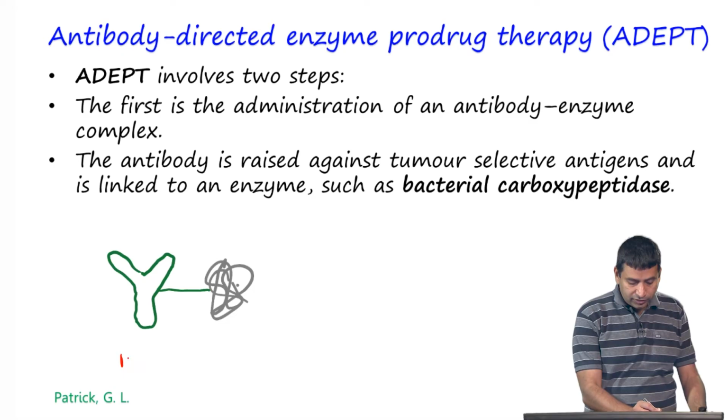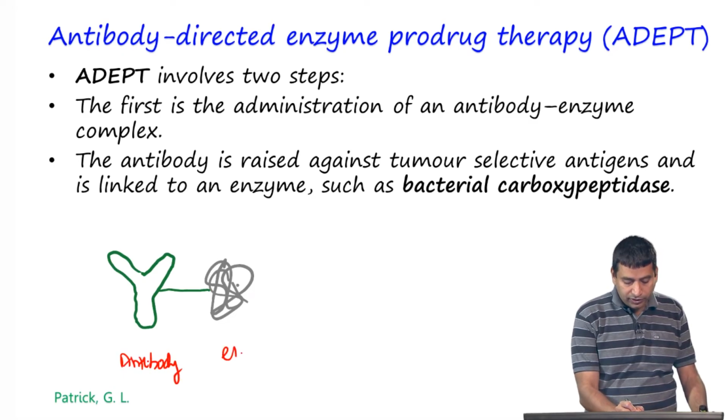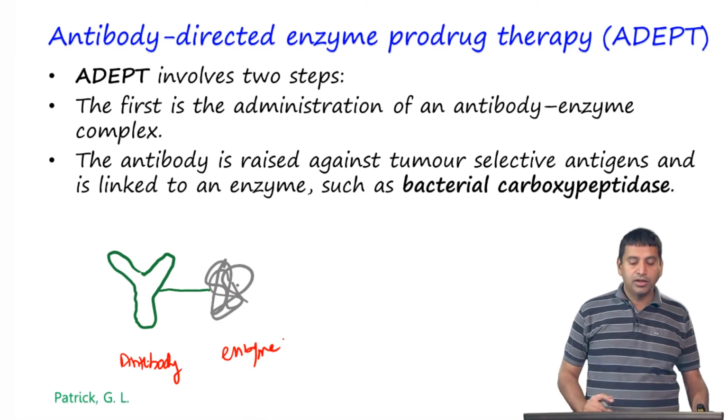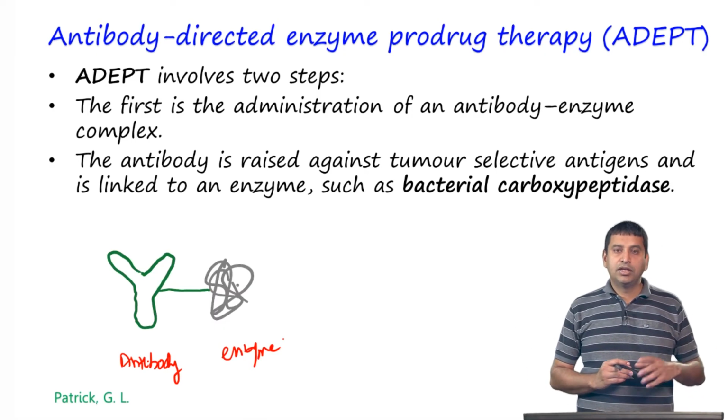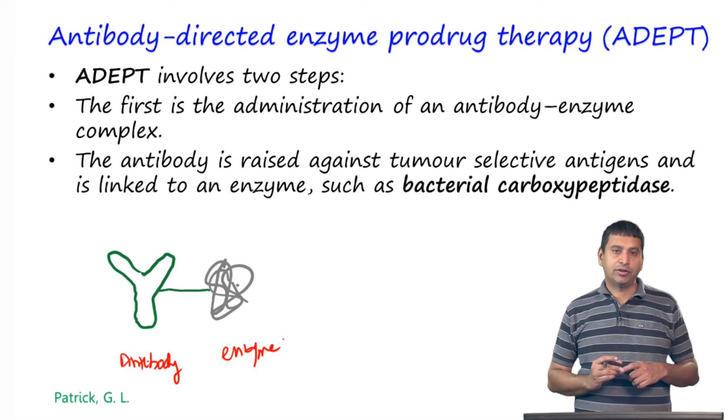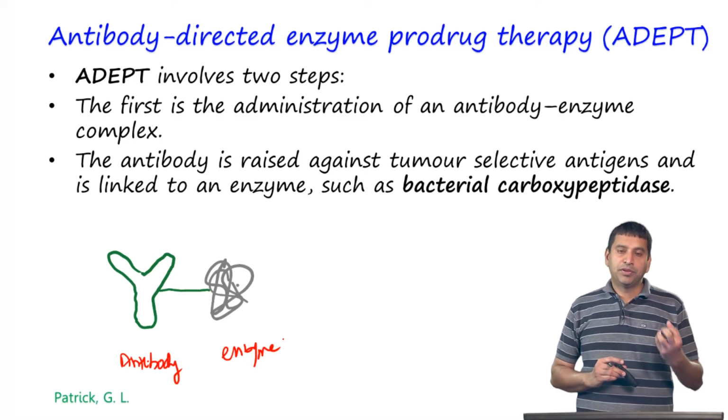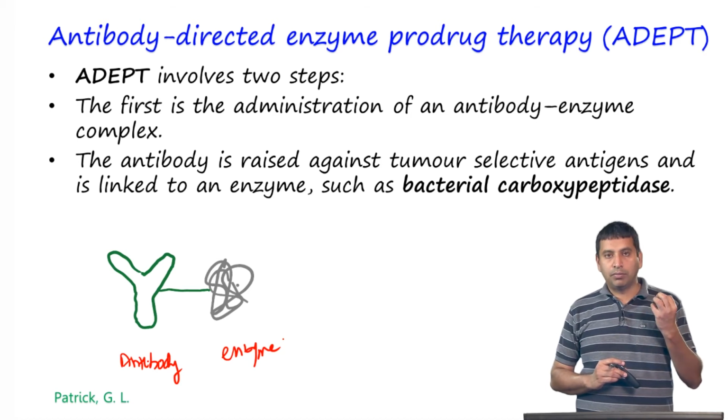Here is the antibody and here is the enzyme. Once you make this complex, it is administered to the patient. The antibody is raised such that it goes and binds selectively to tumor selective antigens.